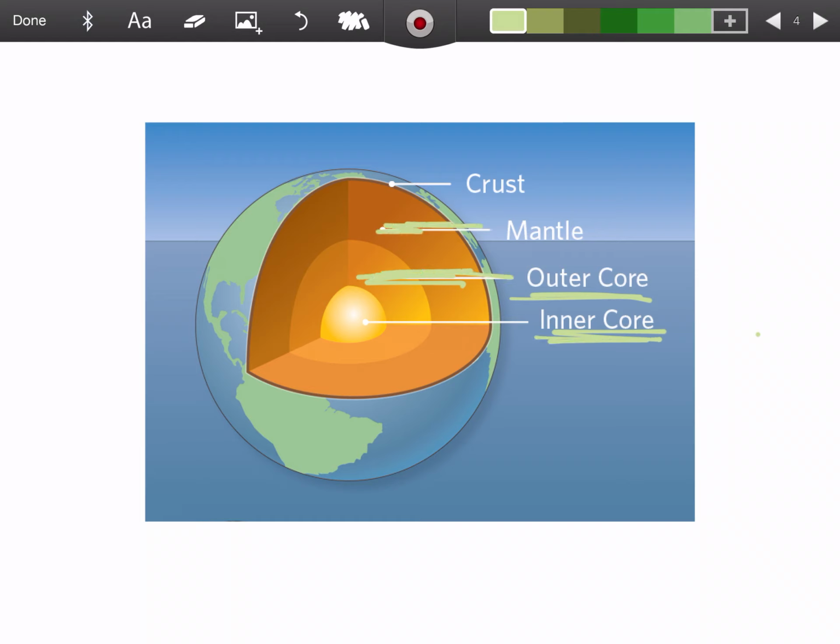On the white, if your eyes are good, you can see the crust, which is the main topic where the mountains are formed. And this is the mantle, where some of the parts happen too.